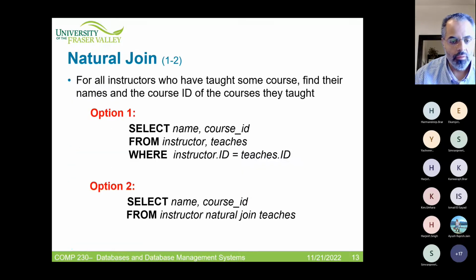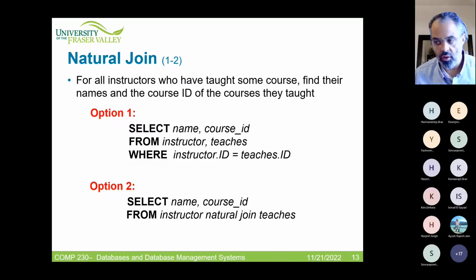So for the natural join, there are two options to do this. Either select from where, using the same select from where clause, or select from without using where. If we go to the first one, based on the definition of a natural join, we should first have a common attribute.